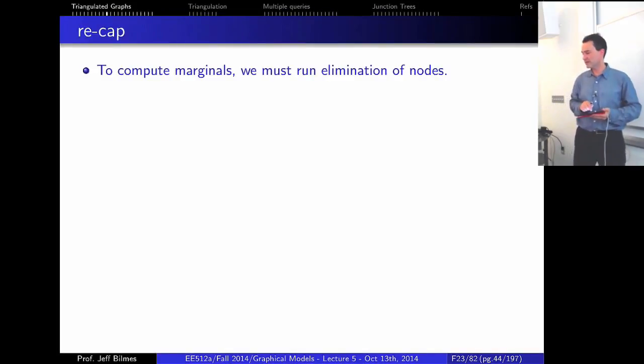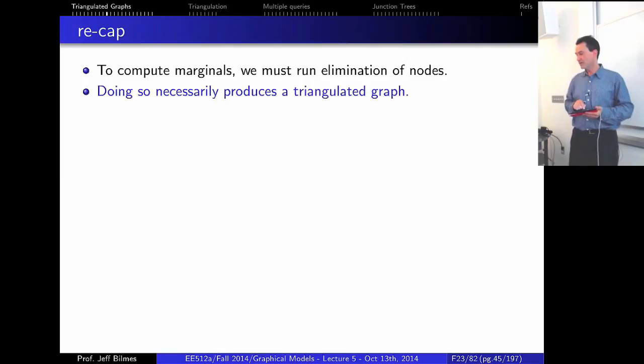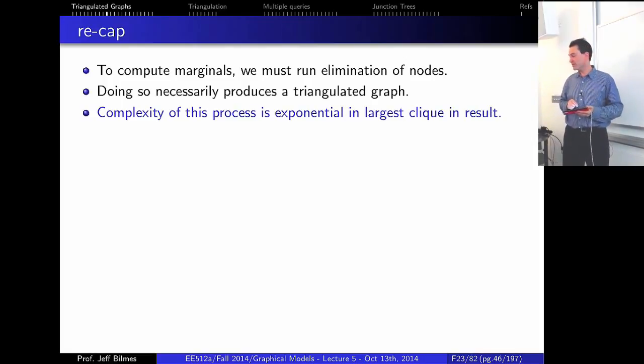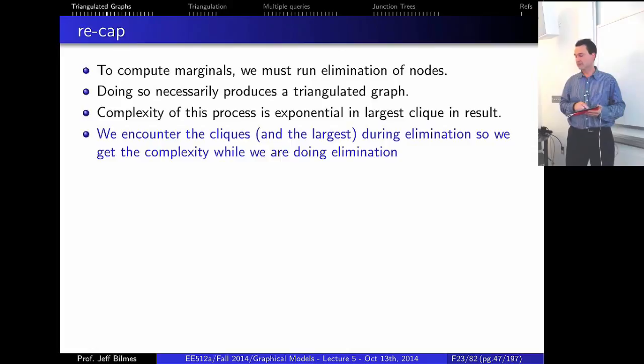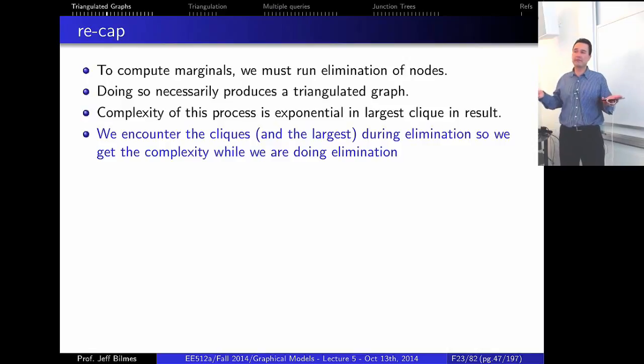So let's do a little bit of a recap. To compute the marginals, we must run the elimination. Doing so necessarily produces a triangulated graph. The complexity of the process is exponential in the largest clique of the result. It's nice, we actually learn the complexity when we're doing the elimination.